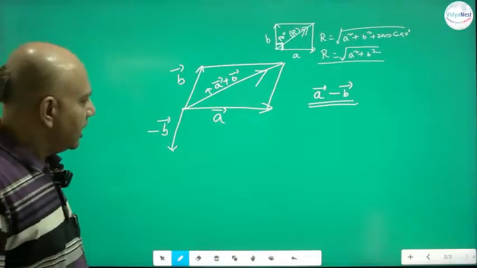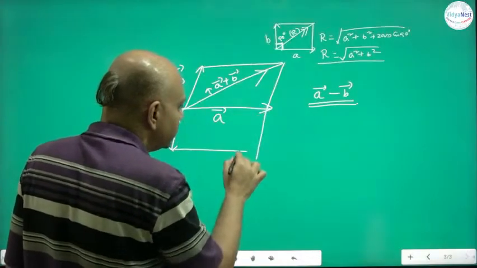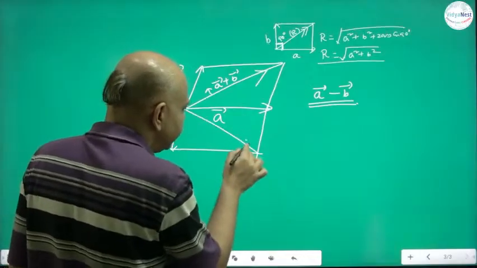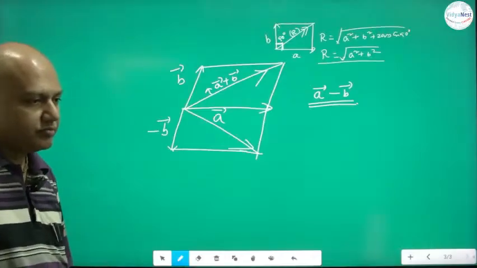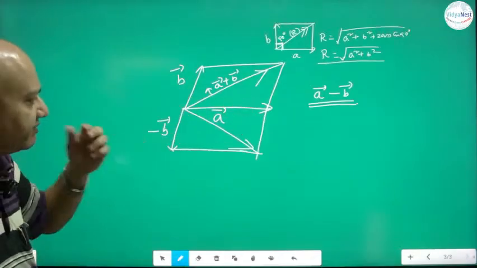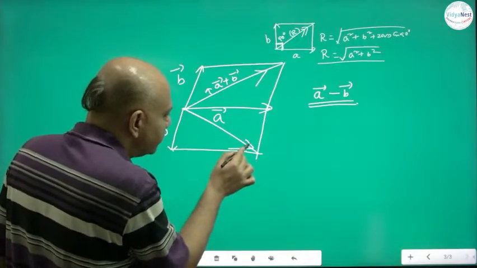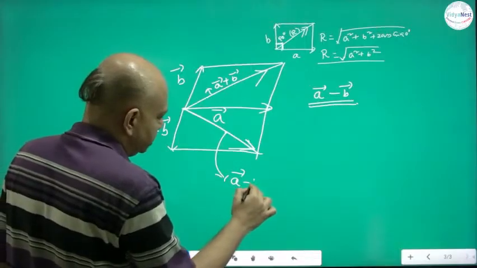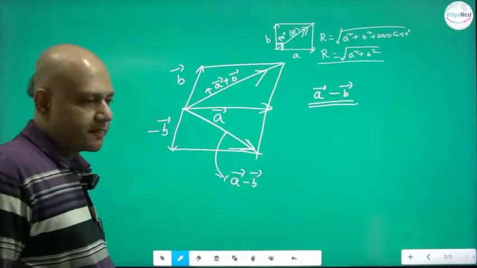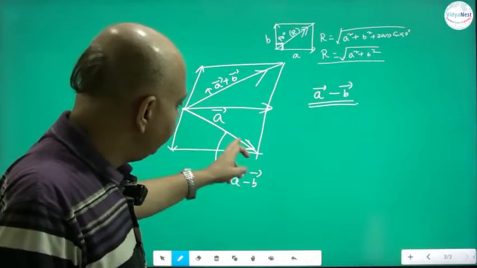Now with the a and this minus b, if I create another parallelogram, this is the diagonal which is going to represent a minus b. So this is the diagram of a minus b.